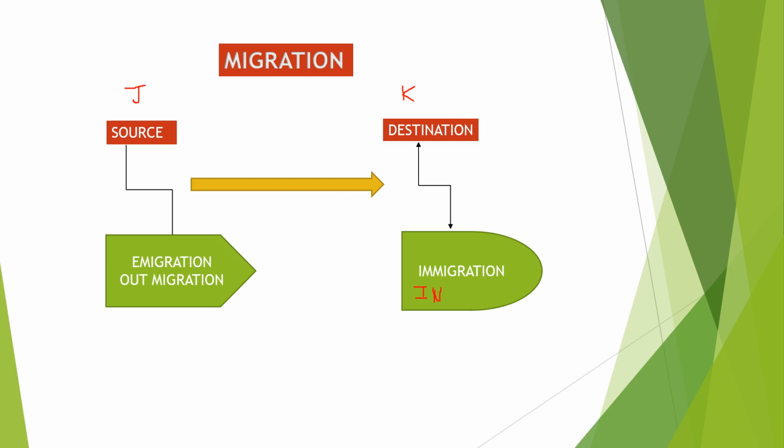For that particular area it is immigration, but for the place from where you are going, it is emigration. So for Kolkata it is immigration, and for Jamshedpur it is emigration. Since you are going from Jamshedpur, it is out migration, emigration, and you are going to Kolkata, so for Kolkata it is in migration or immigration.